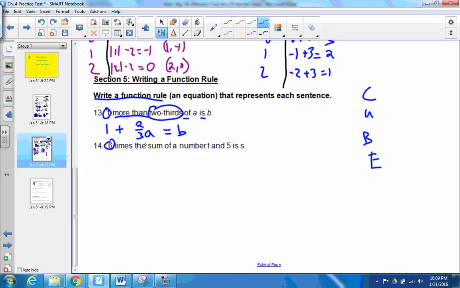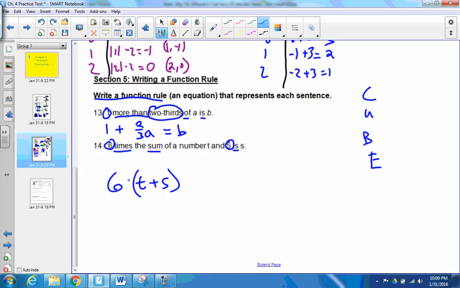Circle again. 6 times the sum of a number t and 5. Okay, we're going to underline times. Sum. And would be with that sum. And is. So 6 times the sum of a number t and 5. The sum of a number, so it would be t plus 5.